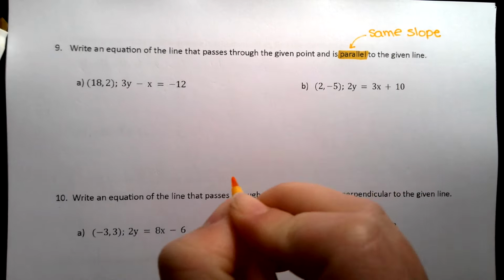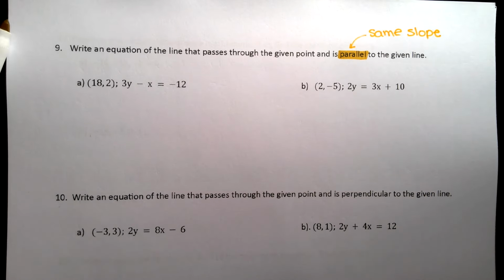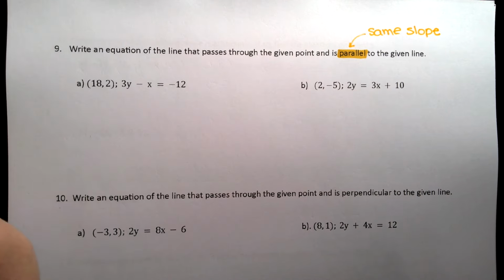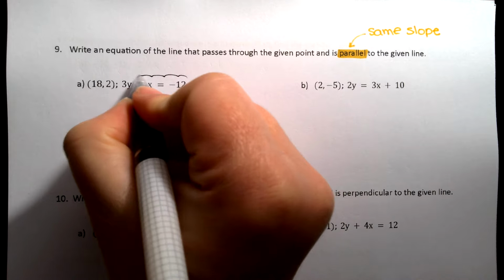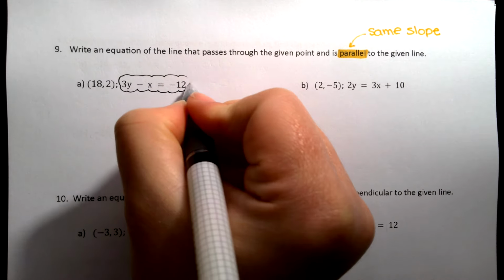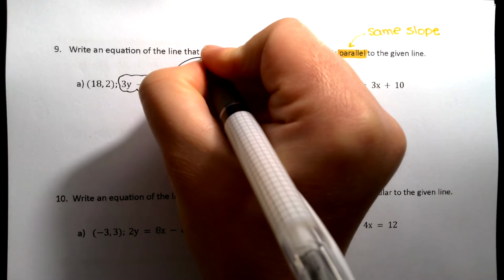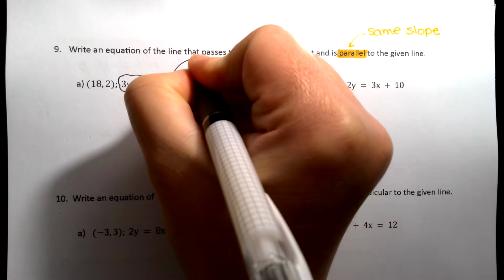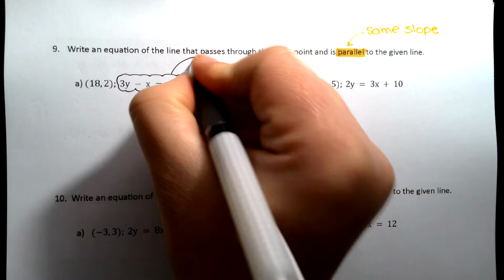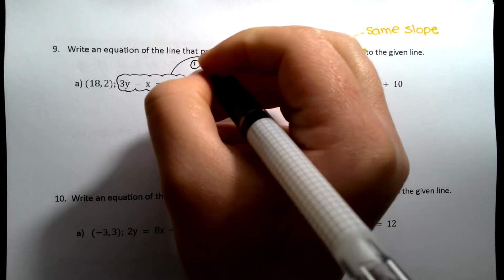Okay, so step number 1, you are going to pick up the given equation. This equation is given to you. And you're going to solve this for y equals mx plus b.